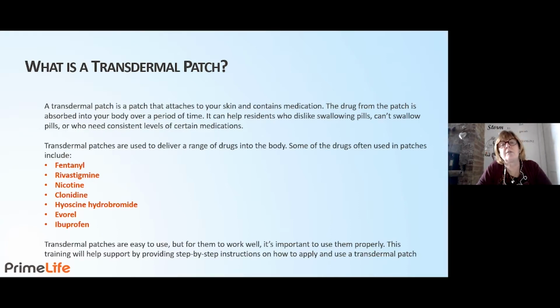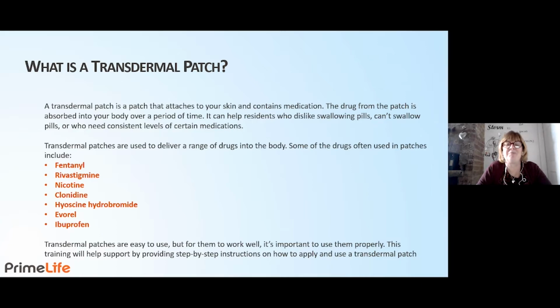Transdermal patches are used to deliver a range of drugs into the body, and some of the drugs often used in patches include fentanyl to relieve pain, rivastigmine for dementia, nicotine to help support with quitting smoking, clonidine to treat high blood pressure, hyoscine hydrobromide, which is used for travel sickness, sometimes better known as Quells, but it's not to be confused with hyoscine butylbromide.